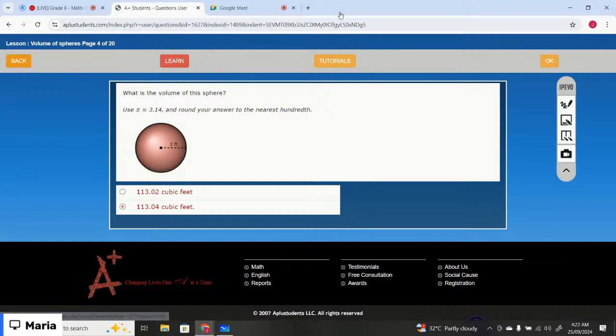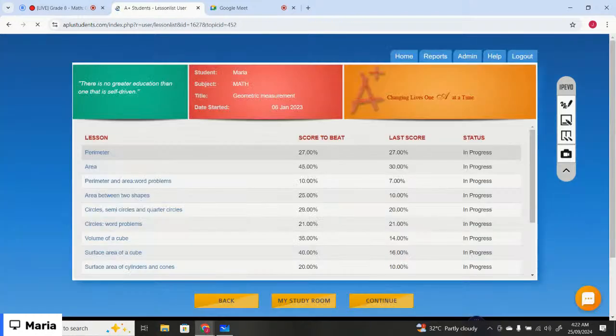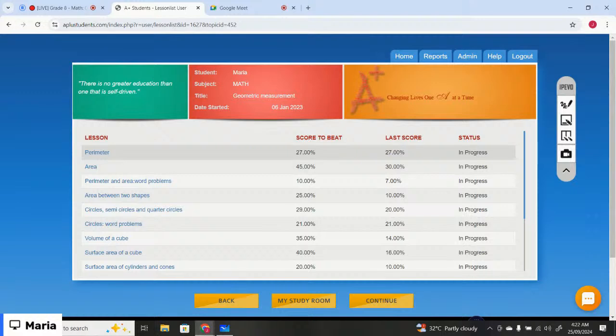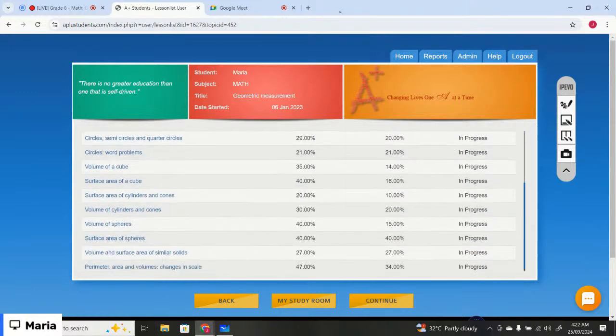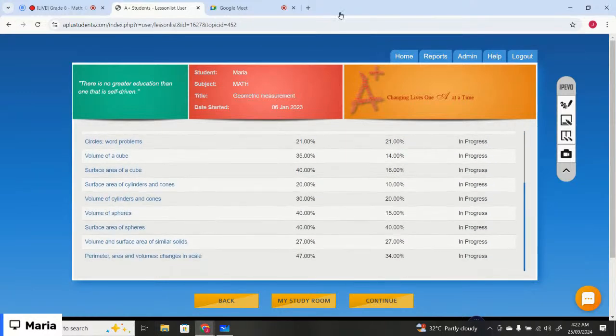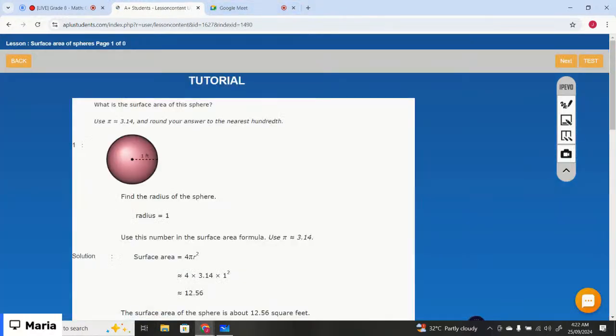The next lesson is surface area of spheres. Let's just start with the lesson.